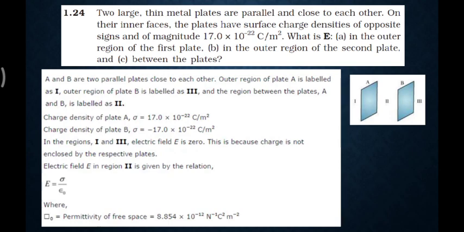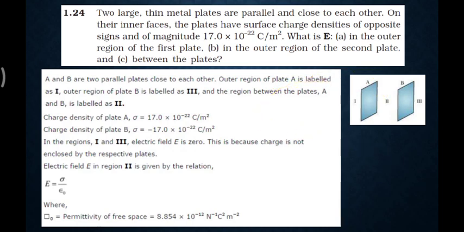Now in regions 1 and 3, the electric field will be 0. How? Because charges are not enclosed there. Electric field can be there when there is an enclosed area. Here the electric field is not there because the charge is inside, so outside the electric field is never possible.